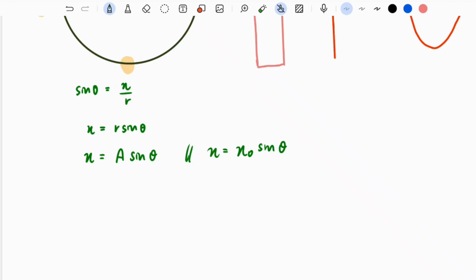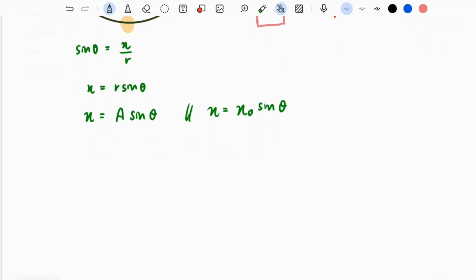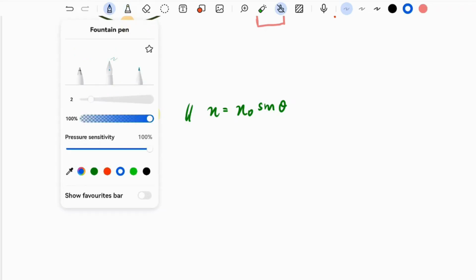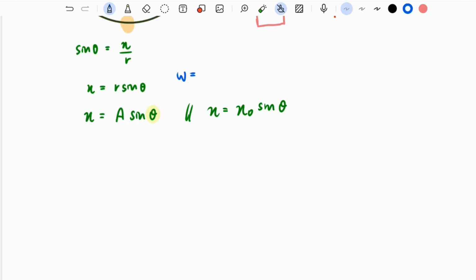Is there something that we can further refine this equation? Yes. We can actually replace this theta with something. We know that omega equals theta over time. We have learned this in circular motion before. So theta is omega multiplied by time.